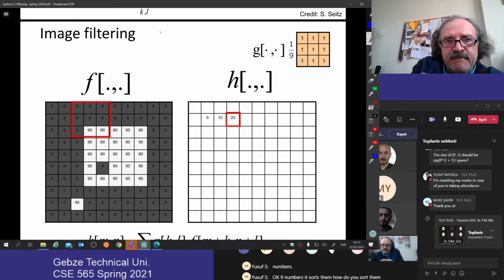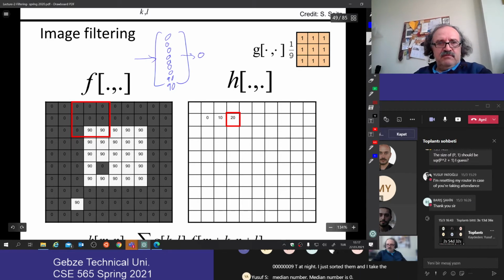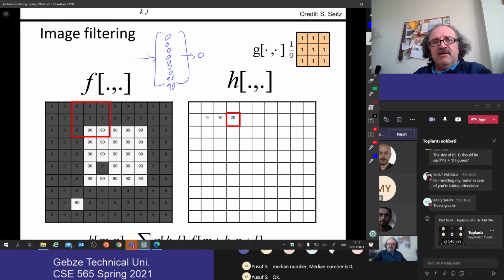Just sort them: 0, 0, 0, 0, 0, 0, 0, 90 and 90. I take the median number. The median number is 0. So it is sorting and taking the median number, ortanca in Turkish. This is called median filtering.